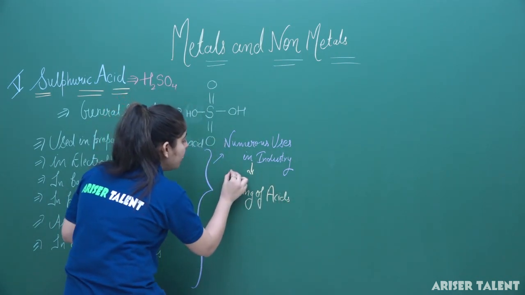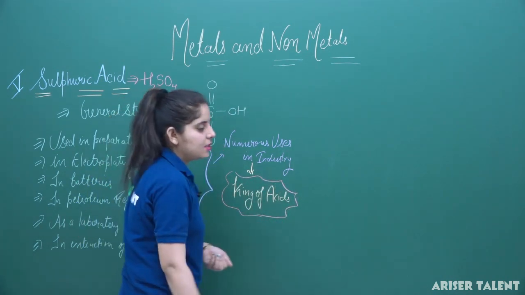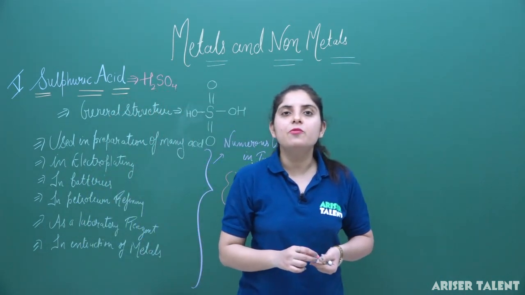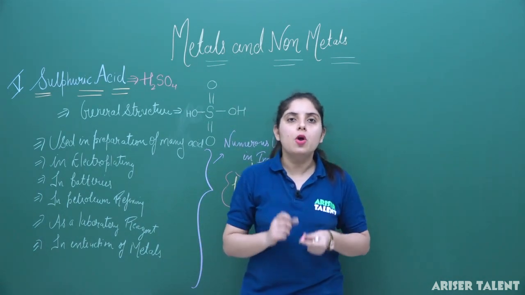So which is called the king of acids? Sulfuric acid is known as the king of acids. So that is all about sulfuric acid, which is a compound formed from non-metals.